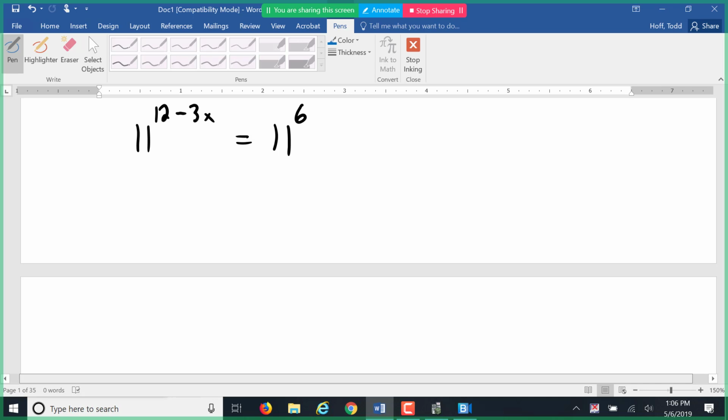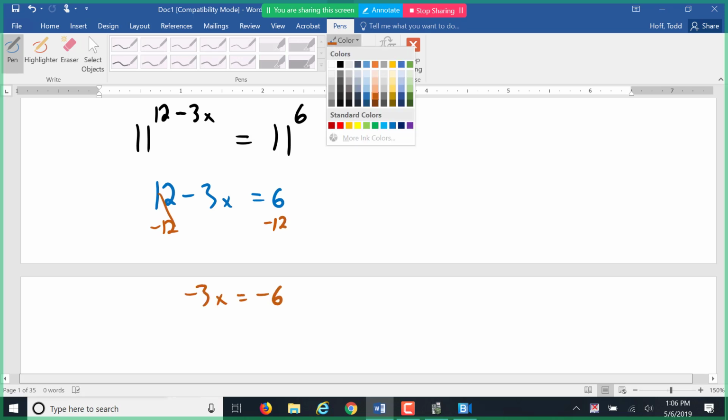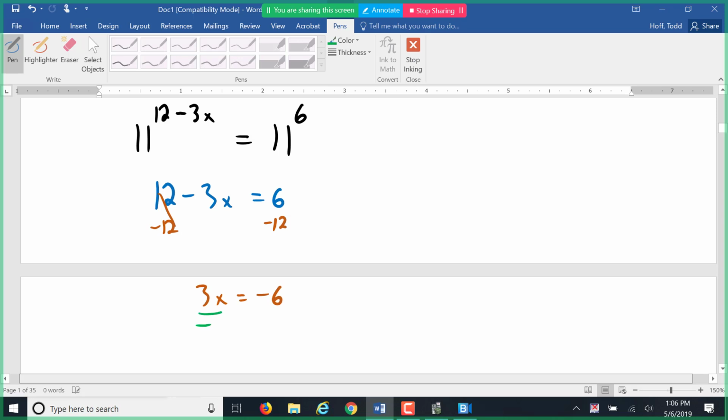So this is saying 12 minus 3x equals 6. If we subtract 12, negative 3x equals negative 6, and we divide by the negative 3. x equals 2.